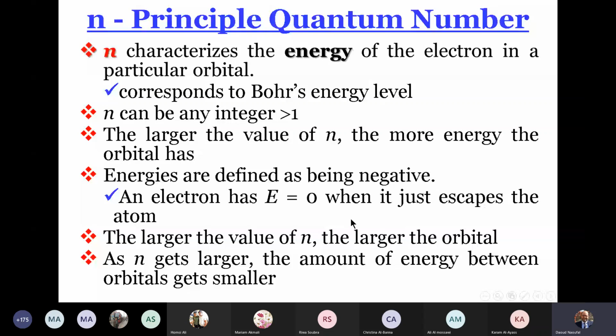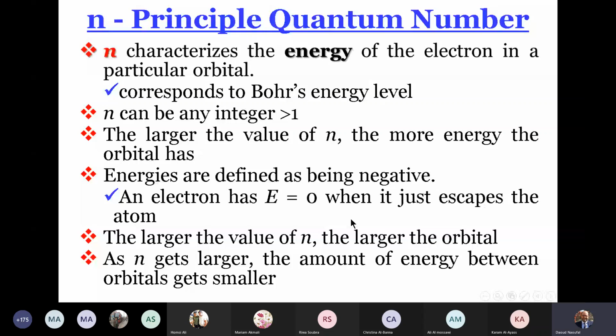So in my mind, N in the system N, L, ML, and MS is identical, for example, to X in the system XYZ.